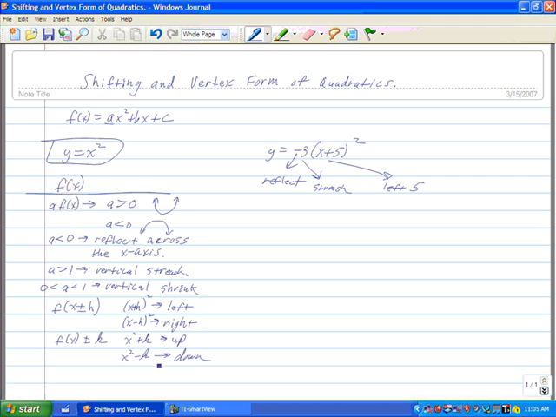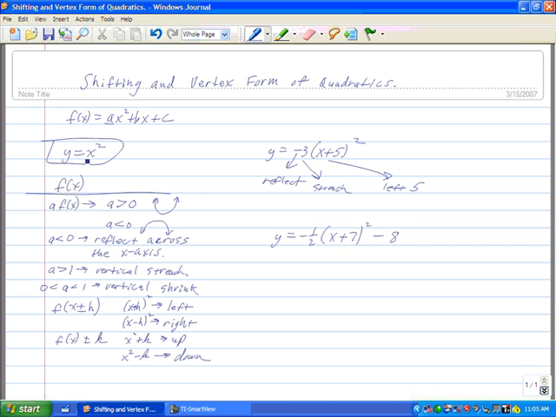Now, what does this imply for us as far as our quadratics are concerned? Well, with any quadratic, if it's in the right form from shifting, we can tell where our vertex is. All right? So if we had y equaling negative 1/2 times an x plus 7 quantity squared minus 8.